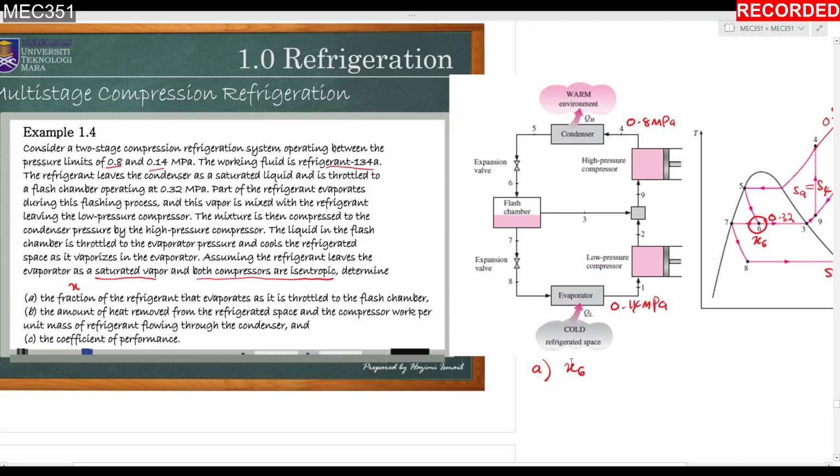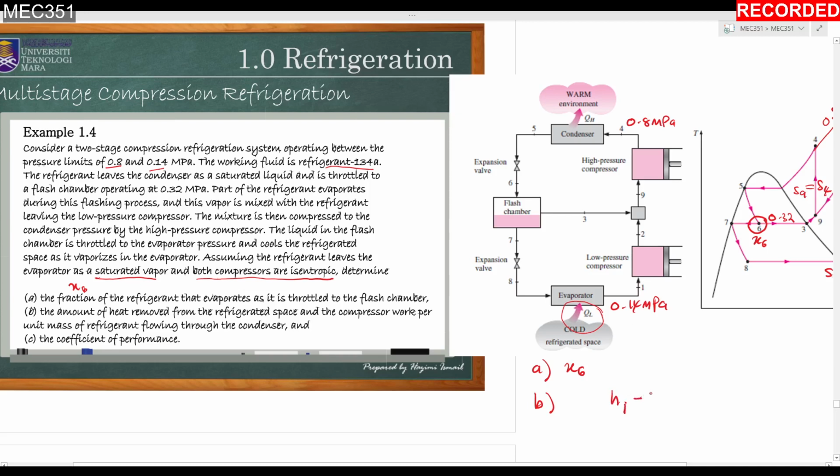Okay, and then B, put it at 6. The amount of heat removed from the refrigerated space happens here, between 8 and 1.